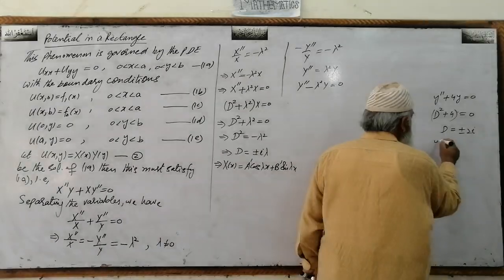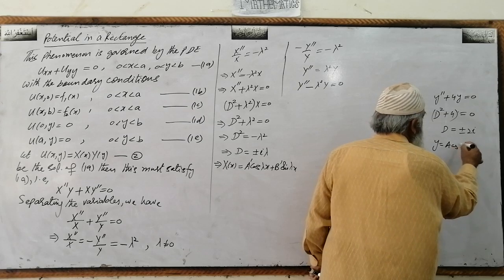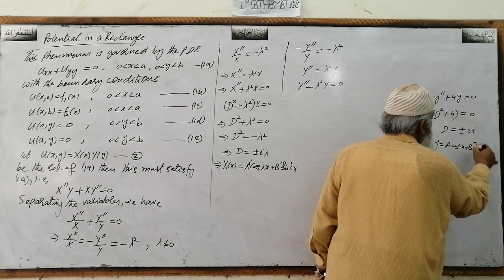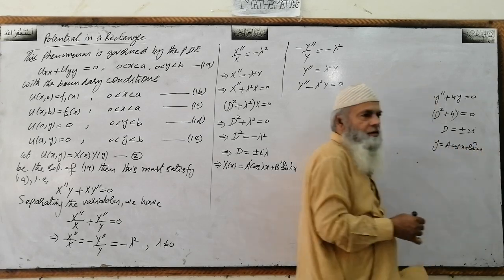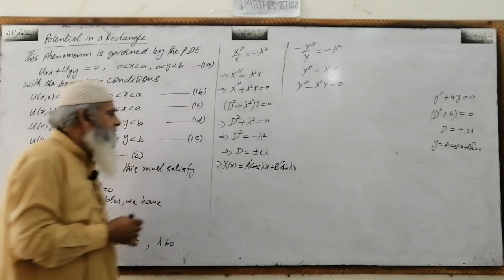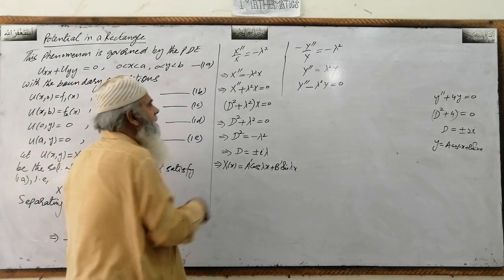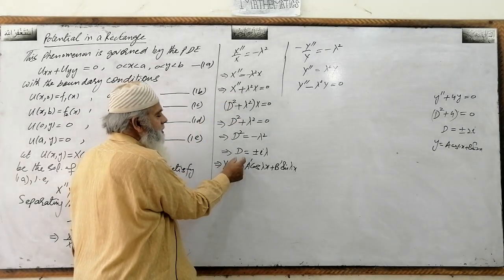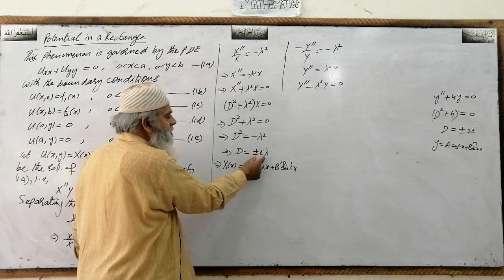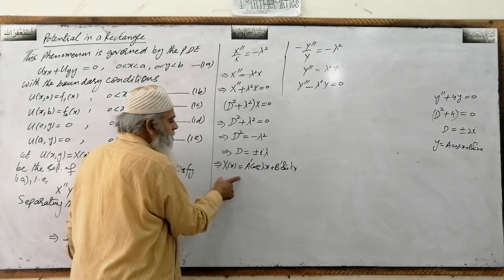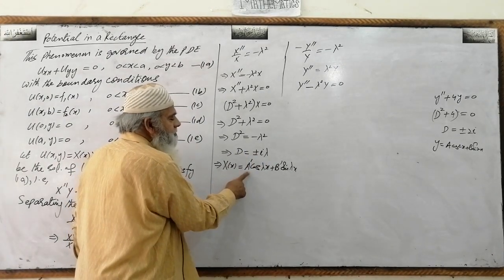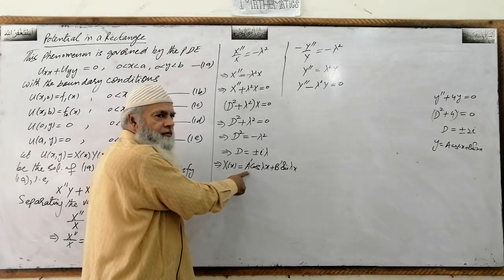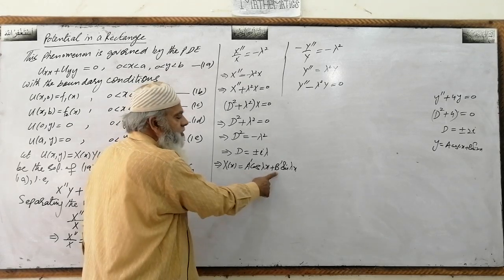And what will be its solution? A cos 2x plus b sin 2x. Exactly, this was the second order ordinary differential equation. Its auxiliary equation gives you the roots D is equal to plus minus iota lambda, and its solution will be X of x, some constant a which I use here as a dash, and the other constant b dash.